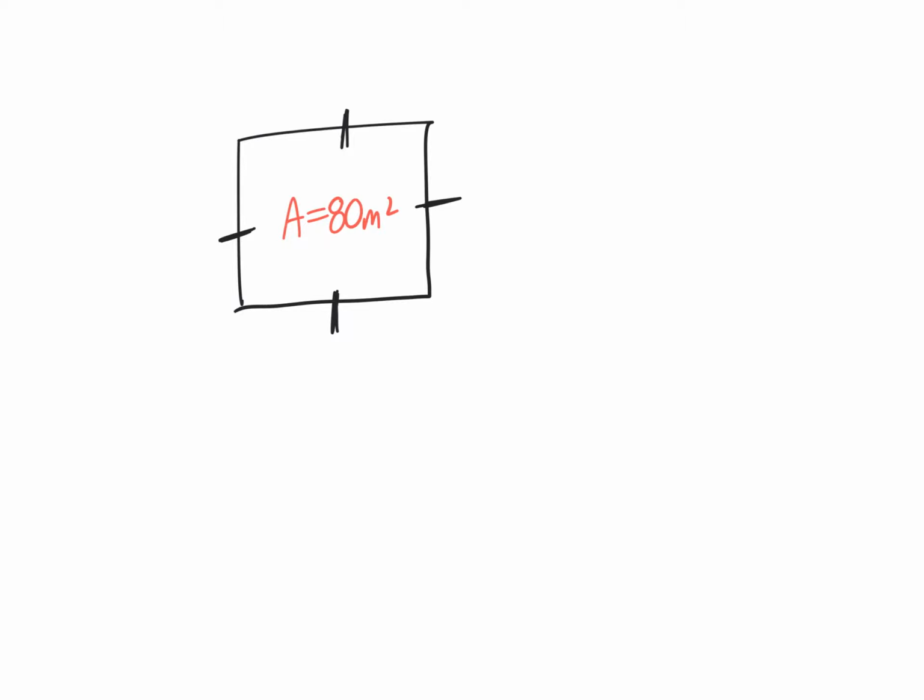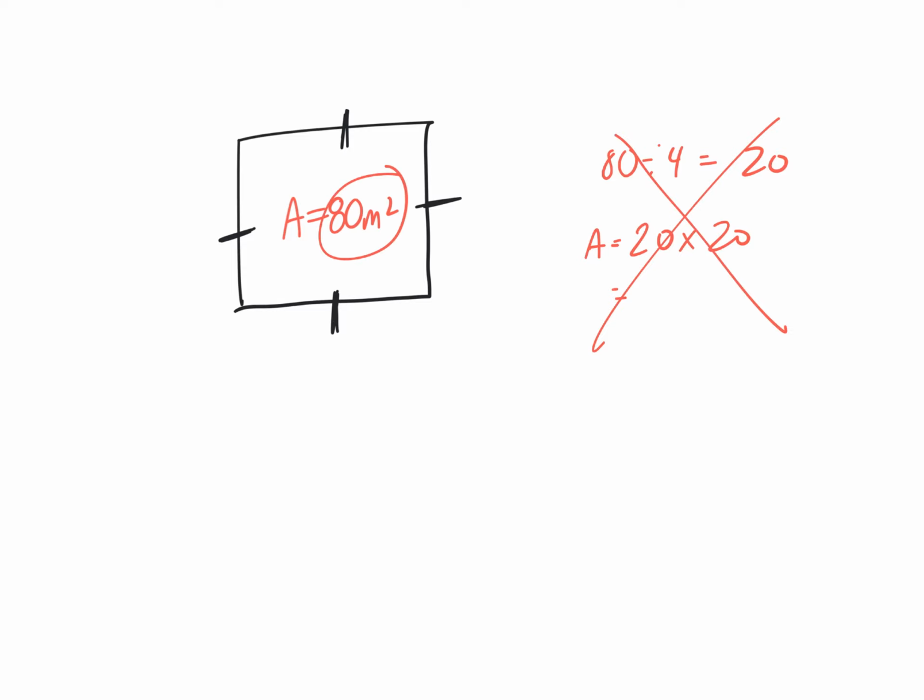So all 4 sides are equal. What would you do? We would not do 80 divided by 4, because you would get 20. But if the length was 20 and the width was 20, that doesn't equal 80, right? The area has to be equal to 80. So that does not work.